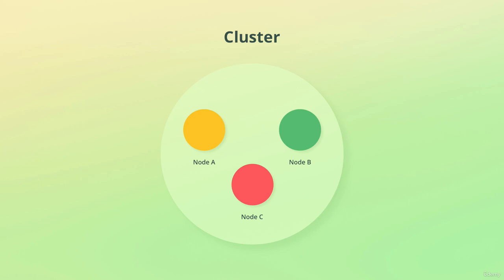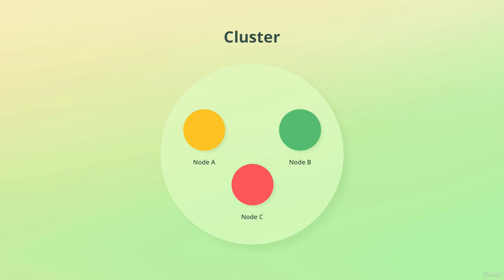Clusters are completely independent of each other by default. It is possible to perform cross-cluster searches, but it's not very common to do so. You might run multiple clusters that serve different purposes. For instance, you could have a cluster for powering the search of an e-commerce application and another for application performance management, abbreviated APM.